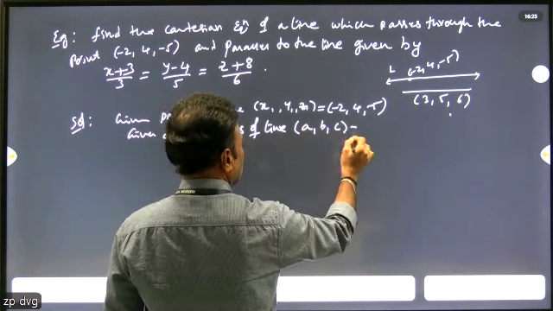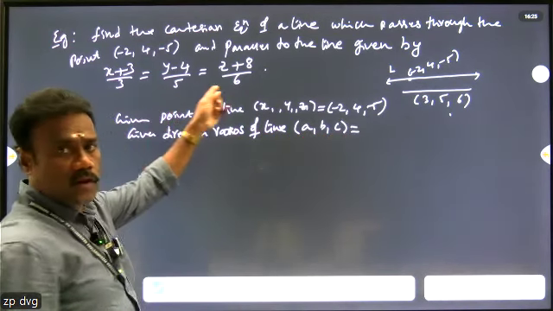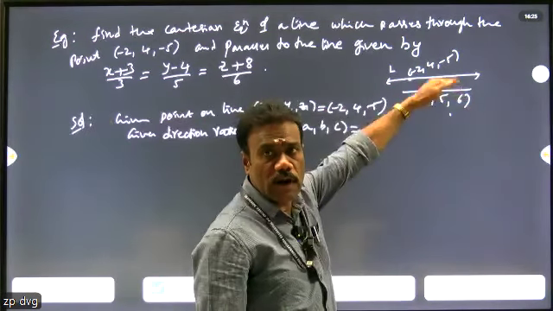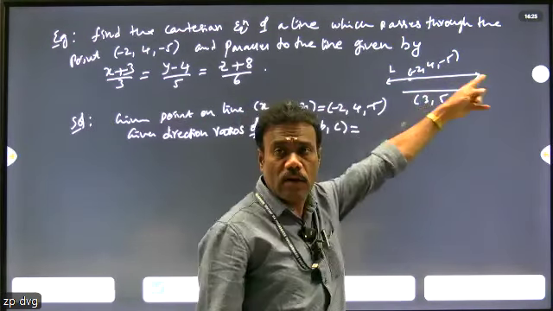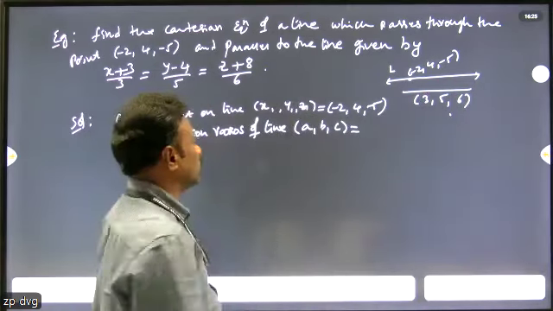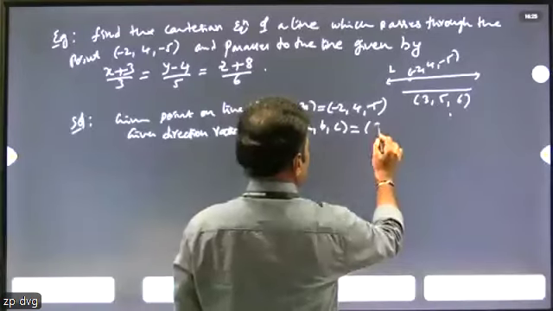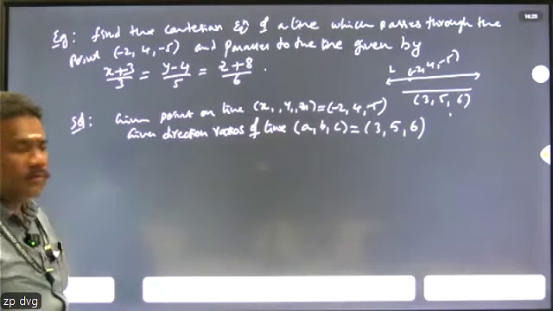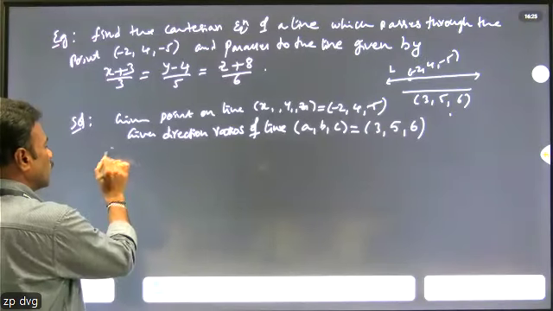That line's direction ratios are 3, 5, 6, but it is parallel to the required line, so the direction ratios of the required line are also 3, 5, 6. I am taking a, b, c as 3, 5, 6. Now we have to find the Cartesian equation of the line.